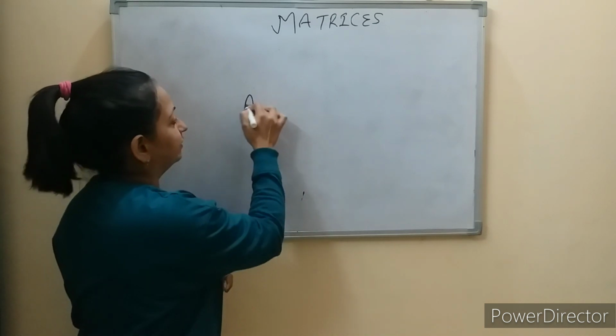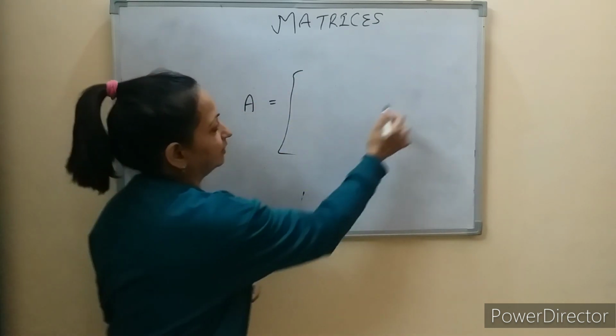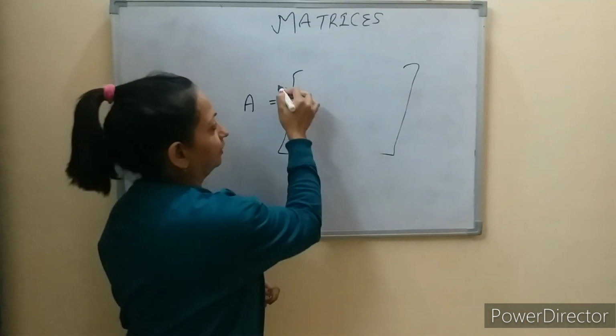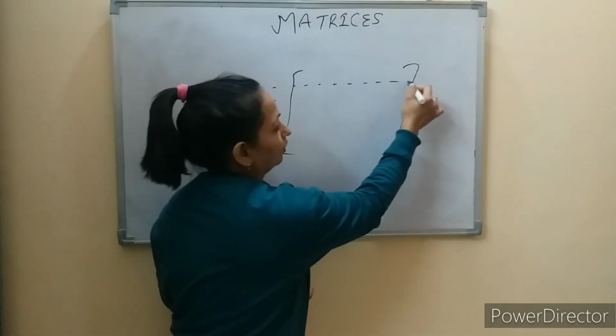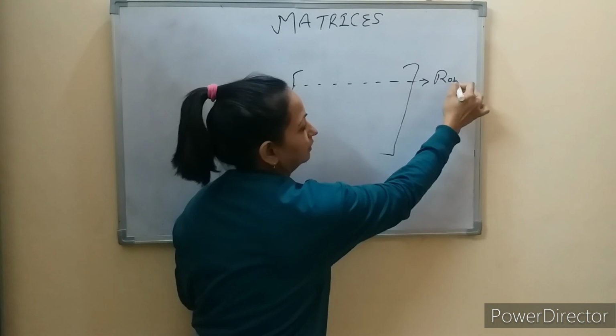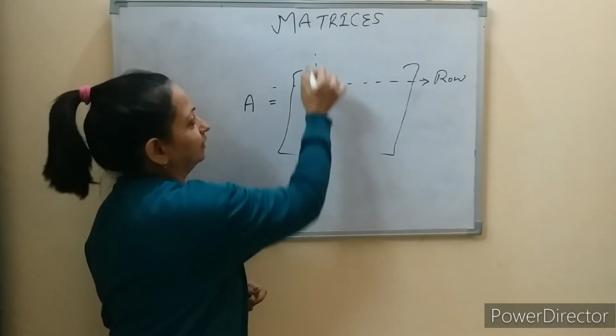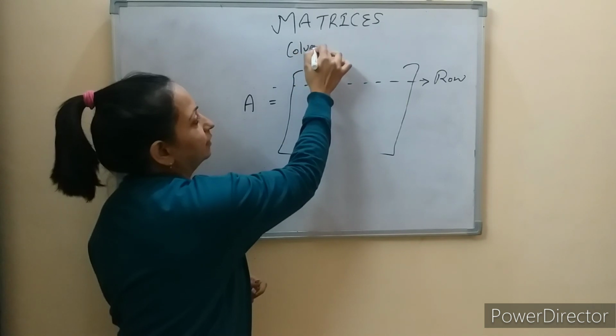So if I write it here like this is a rectangular array for me, and I hope you all know that this horizontal line is called row and the vertical line is called column.